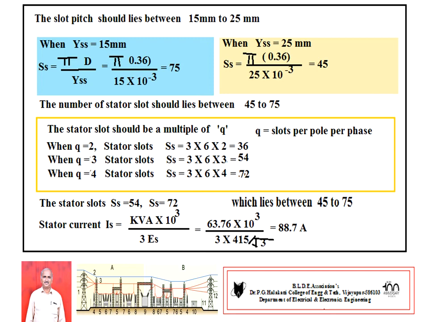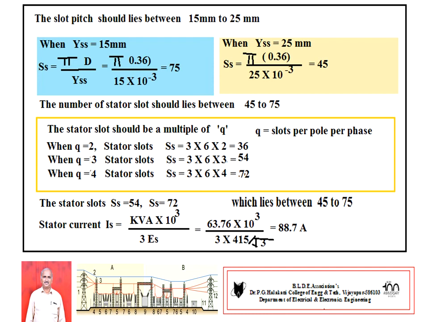Then after that you can see the range, which are the slots satisfying the above mentioned range. That is, two values are available, SS equal to 54 and SS equal to 72 lie in the range of 45 to 75.